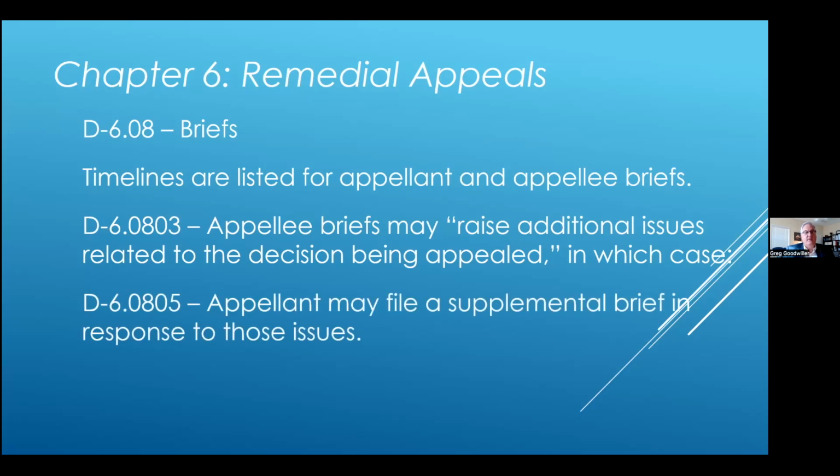Then there's a part that we changed in this, and the reason we changed it is that what would often happen is that if there was an appeal and in the decision below, some things were sustained and other things were not sustained, then the appellee, the other side, wants to challenge the things that didn't go their way.